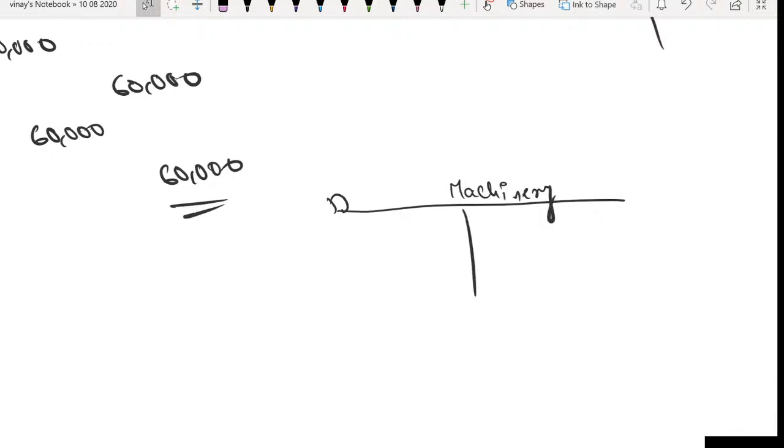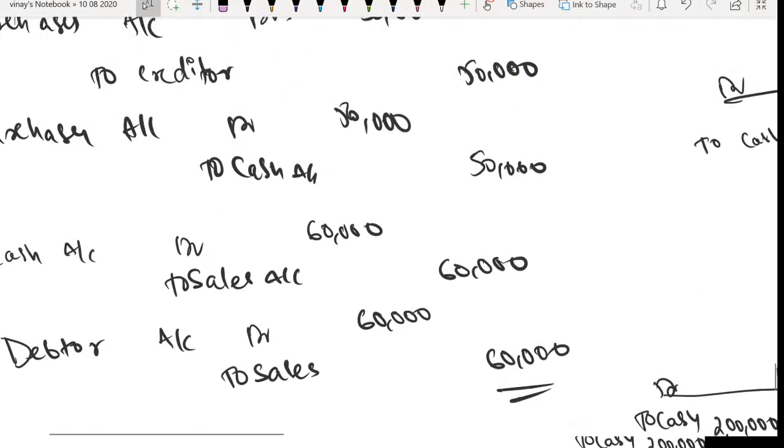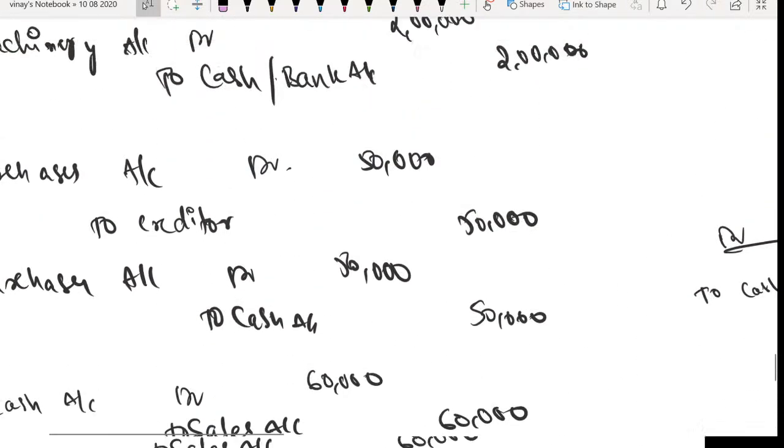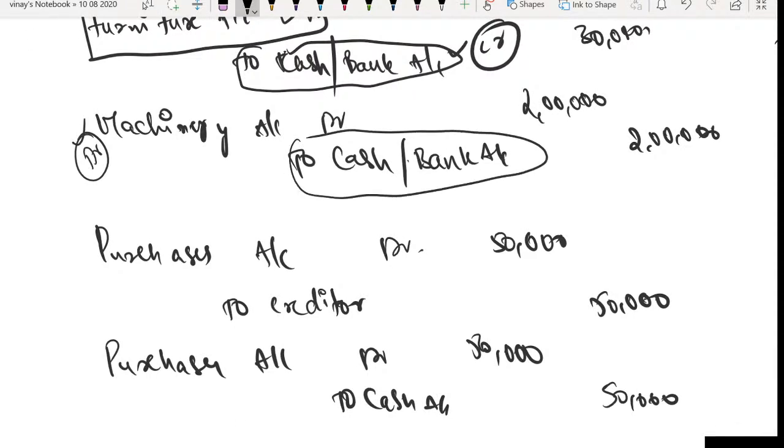Then machinery debit side and credit side, I will write to cash account 2 lakhs. So cash is on the credit side, so I have to write on the credit side 2 lakhs.